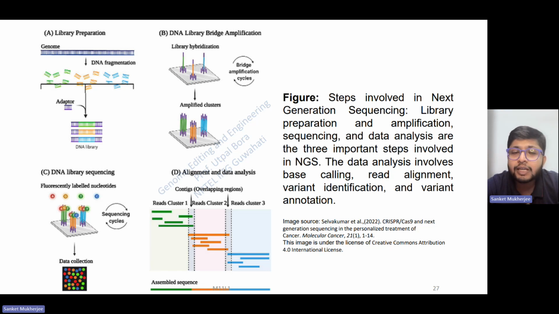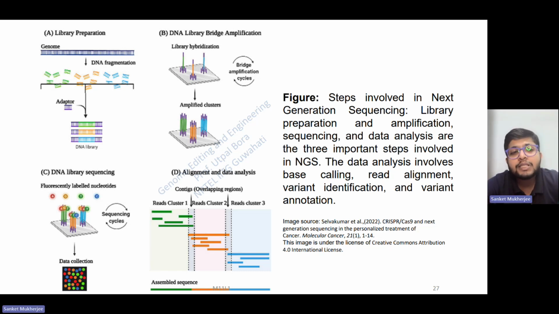After the library preparation, what we do is library hybridization. Now that we have the adapter molecules attached to your target DNA of interest, you would amplify this DNA molecule. That's the idea, because they will have these adapters. So you will amplify them using a normal PCR reaction.